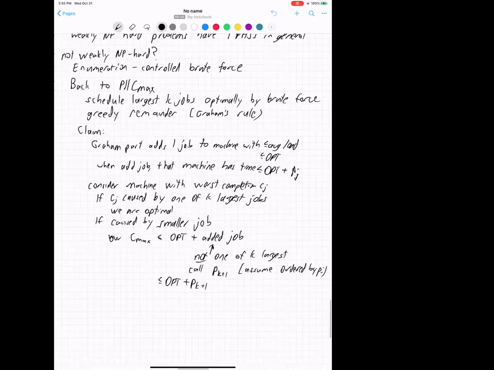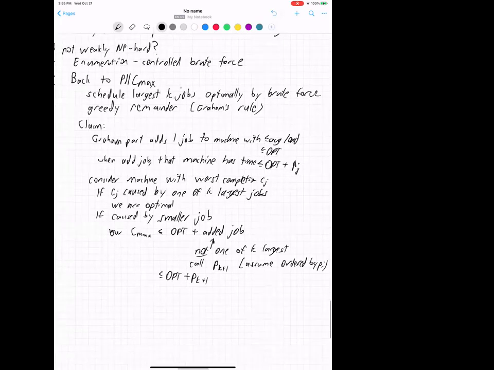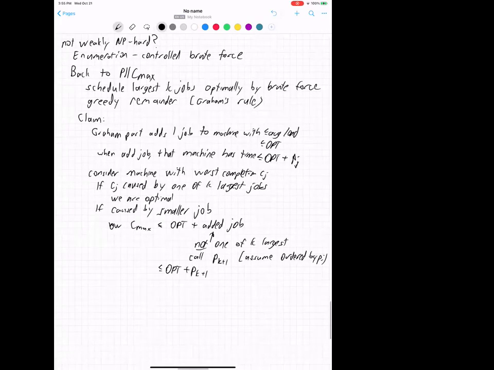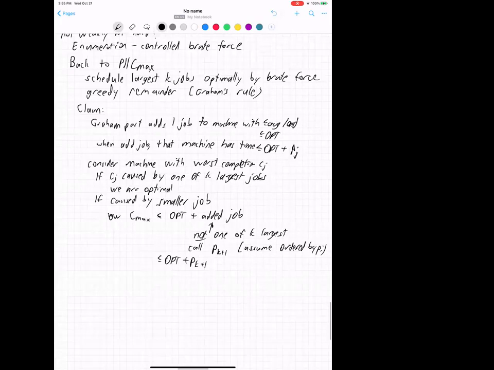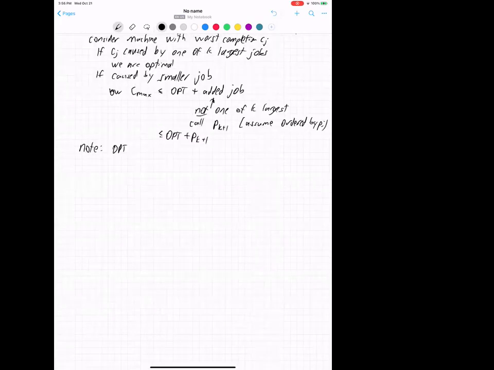Okay. But now notice that the optimum value, I know that I have k jobs that are bigger than p_{k+1}, right? So my total processing time is at least k times this job length. And so the average processing time is at least that divided by m.